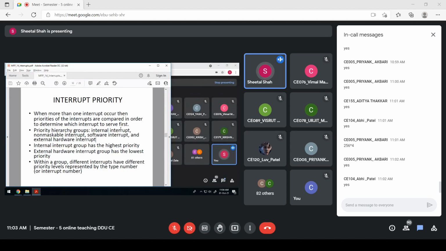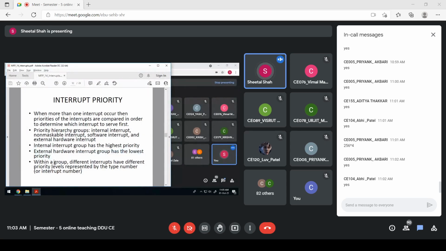Now, to whom should the priority be given more? The internal interrupt group has the higher priority. These internal interrupts, which are generated internally within the processor, have the highest priority. Then comes the external hardware interrupt group, which has the lowest priority.